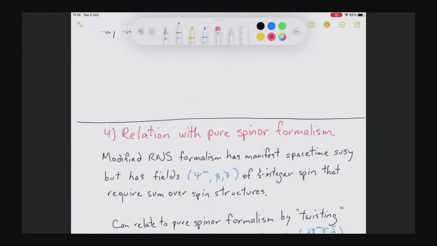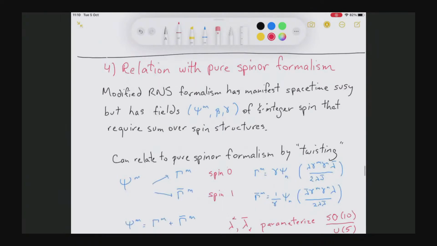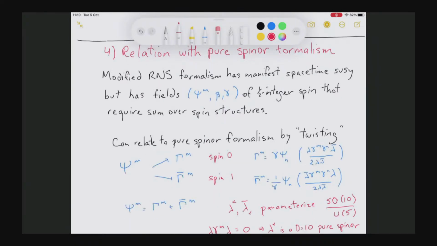So in the RNS formalism, of course, we have fields which are half integer spin, which are these psi's and also the beta gamma ghosts. And that requires summing over spin structures. Whereas in the pure spinor formalism, all the fields have integer spin, which of course removes the need to sum over spin structures, which is why it's much simpler to do higher genus computations.